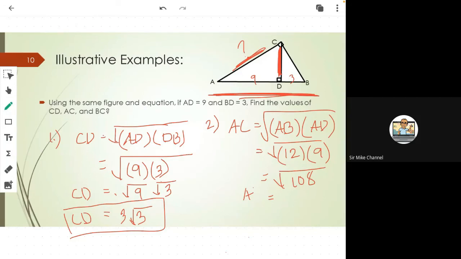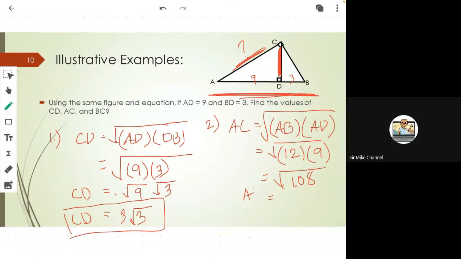Ano bang factor ng 108 na may isang perfect square number? 6 square root of 3 po. Okay, 6 square root of 3.